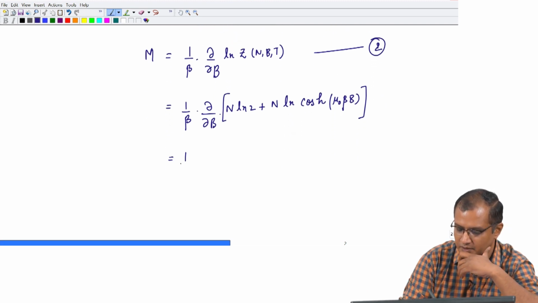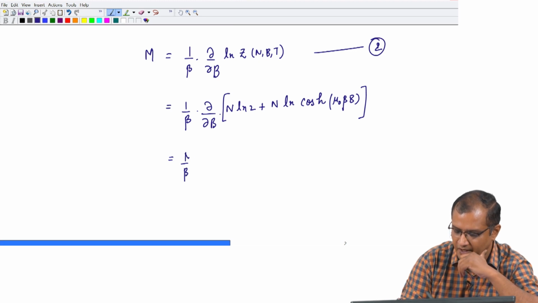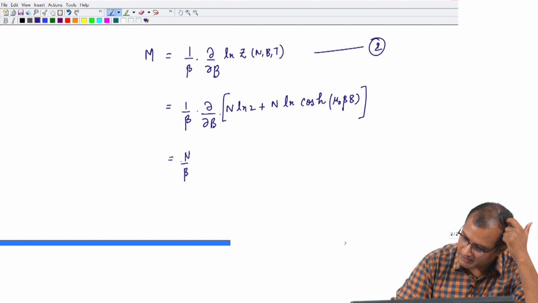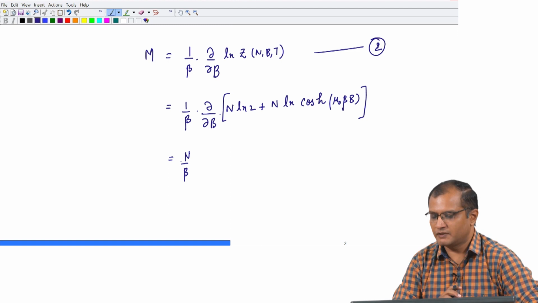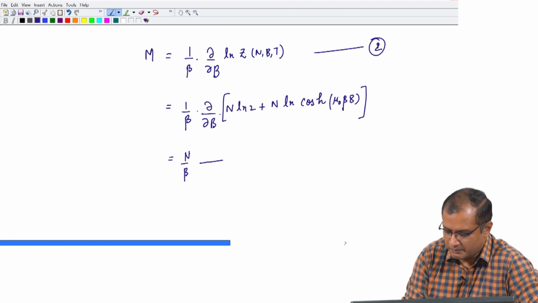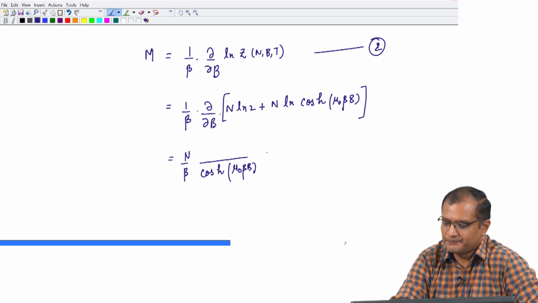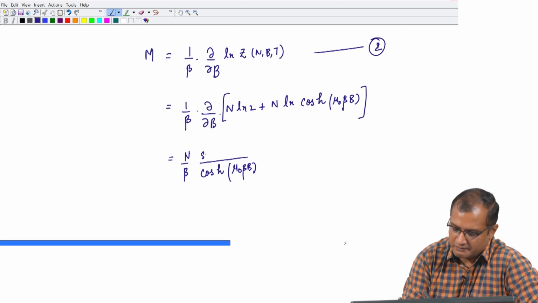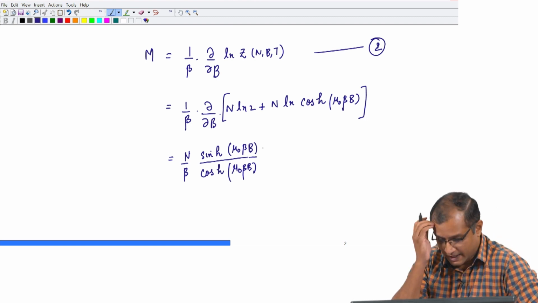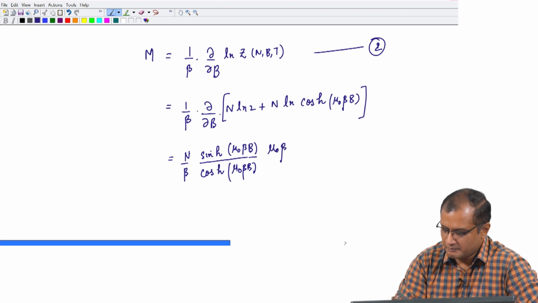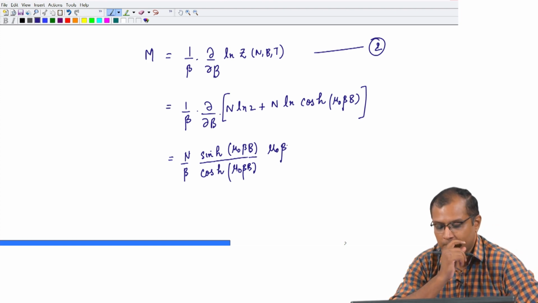So, you can write this as 1 upon beta; n comes out, which makes the magnetization an extensive quantity, and the derivative of the logarithm of cos hyperbolic is 1 upon cosine hyperbolic, and the derivative of cos hyperbolic is sine hyperbolic, and I will have a mu 0 beta to complete the derivative.